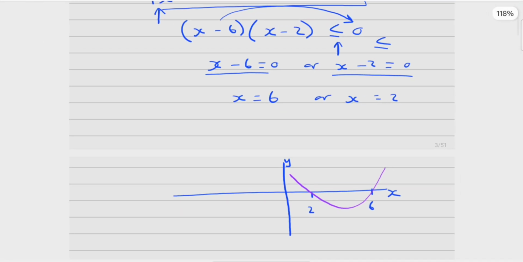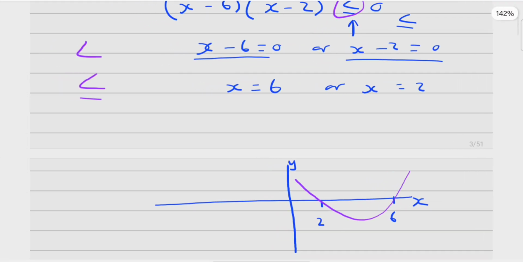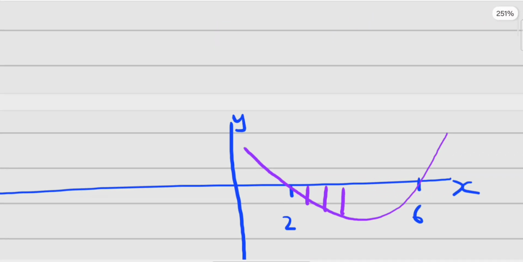And so from here we look at this sign that we're given right here. Whenever we have less than or equal to, we are mainly focusing on this region below the x-axis.